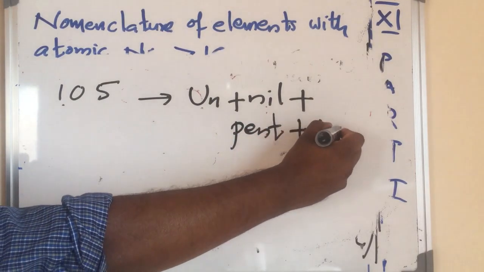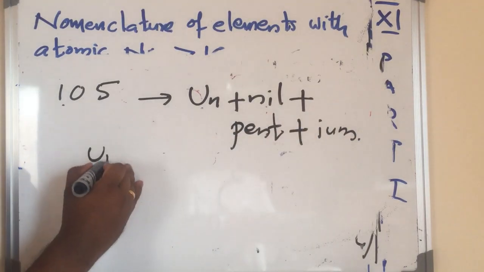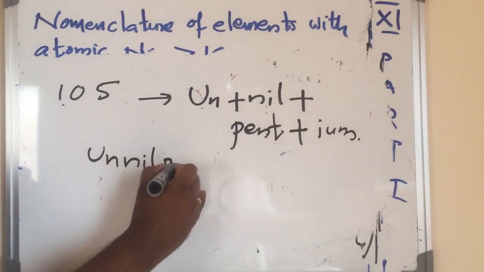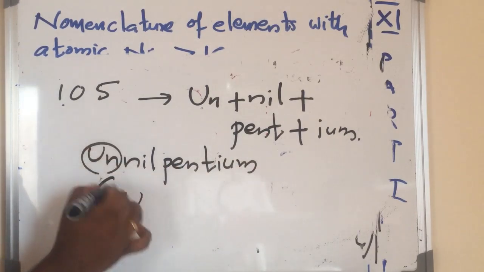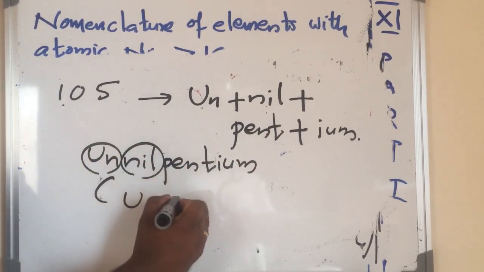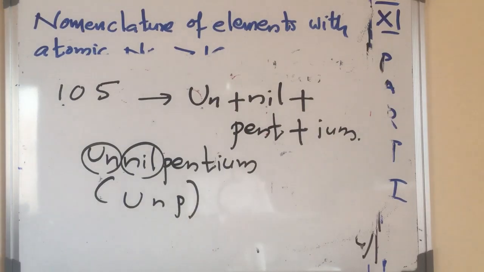Plus ium. So what is the name? Un-nil-pentium. And the symbol is U, N, P: UNP. Un-nil-pentium or UNP. Clear?